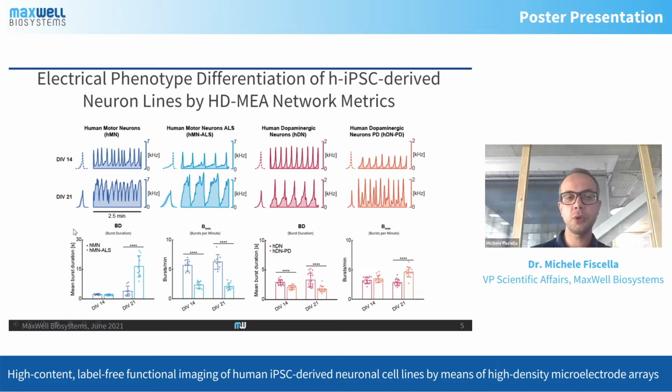And again, you can see how high-density microelectrode technology enables the characterization and the separation of the electrical phenotype from these different cell lines across development, in particular by comparing the burst duration and the number of bursts per minute.